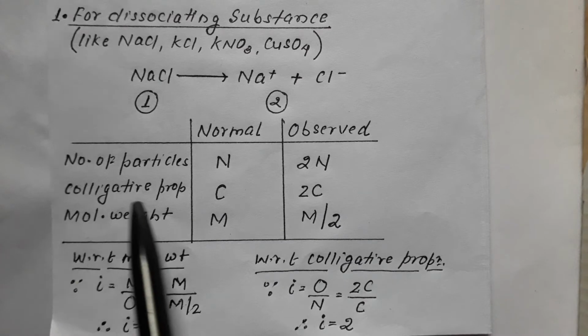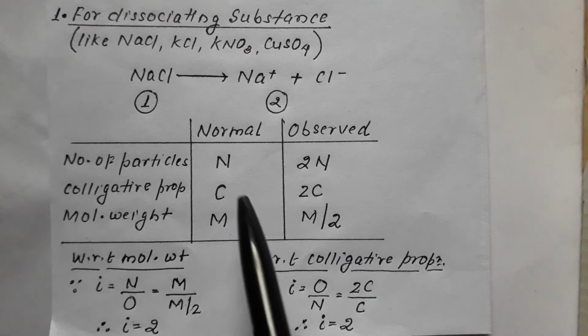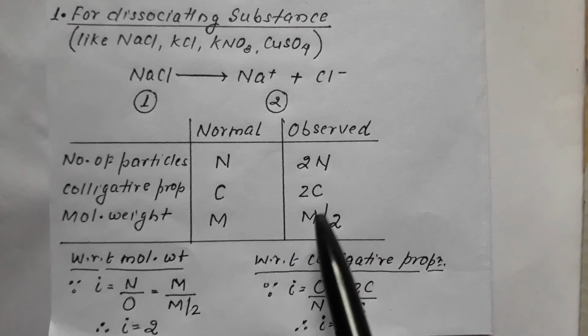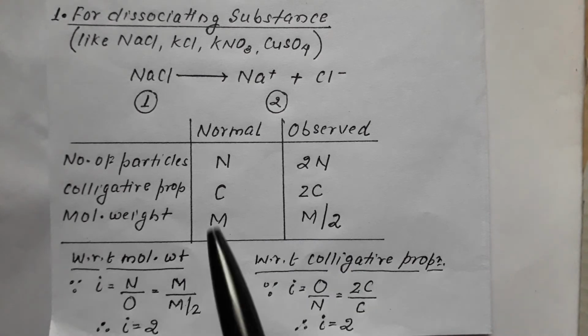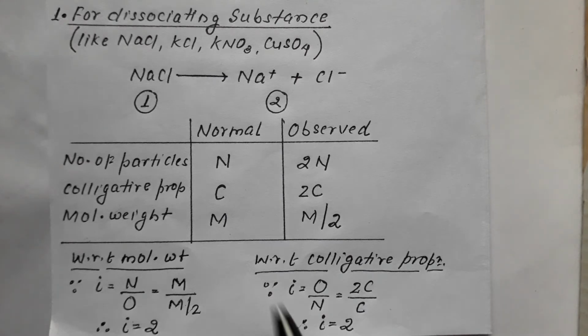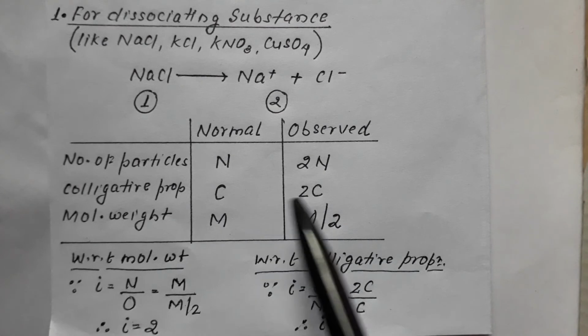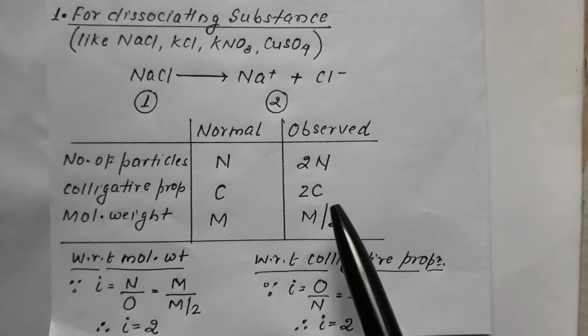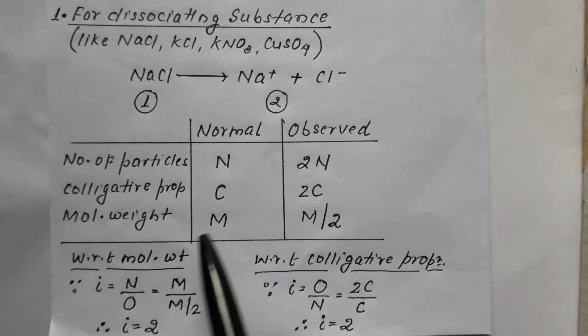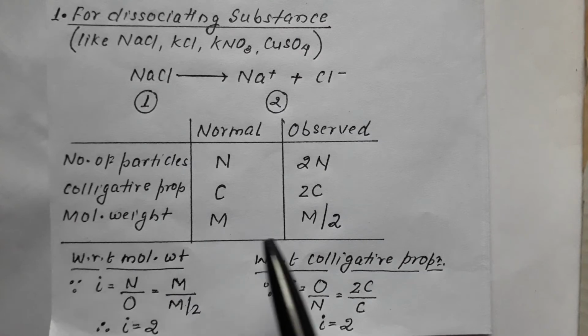So if the colligative property should be C, the observed would be 2C. Since the colligative property is in the denominator, if it becomes double, the molecular mass comes to be half. The molecular weight, normally m, will come to be m by 2.